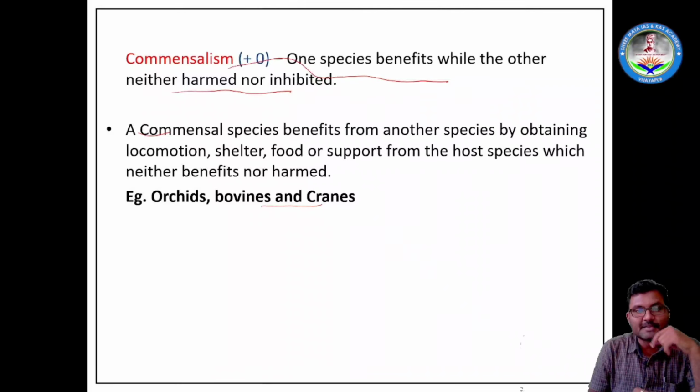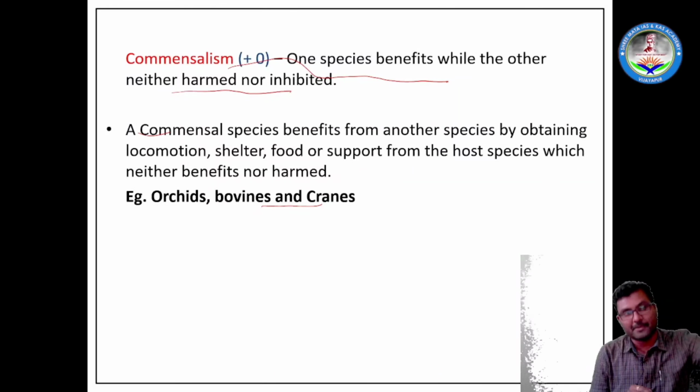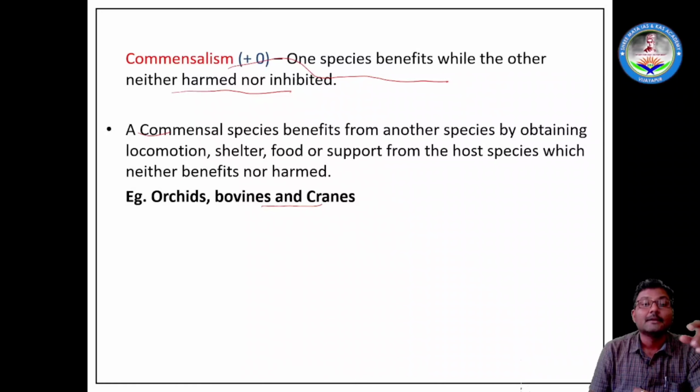A commensal species benefits from another species by obtaining locomotion, shelter, food, or support from the host species, which is neither benefited nor harmed. Like you take orchids, the colorful flowers you've seen, and these orchids grow on other trees. Usually we call them epiphytes. The plants which grow on other plants are called epiphytes, and orchids are epiphytes.